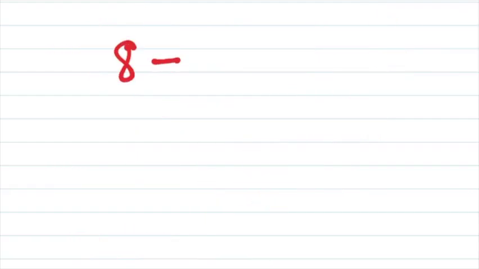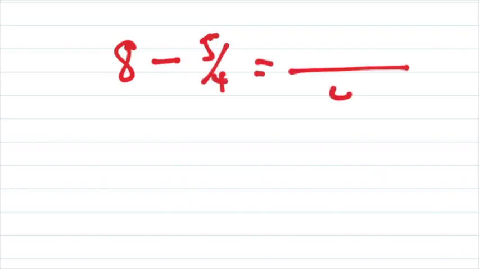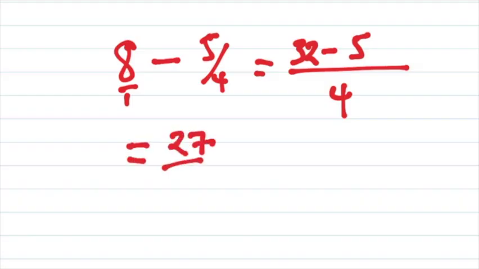Now 8 minus 5 over 4, the LCM will be 4. This is just over 1. It's gonna be 32 minus 5. So 32 minus 5 is the same as saying 27 over 4. You can break it down to an improper fraction or leave it in this way. So I decided to leave it in this way.